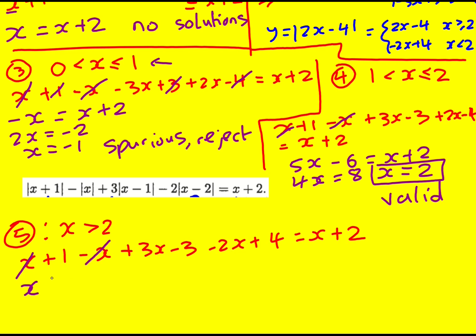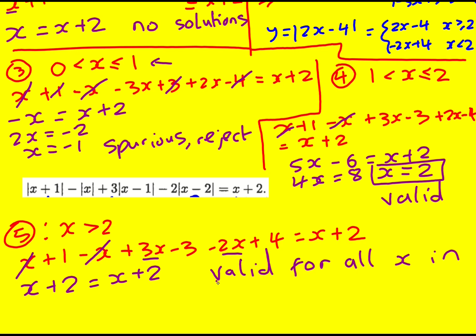I'm left with x. I combine these. 1 minus 3 is minus 2, plus 4 is going to be 2. x plus 2 is equal to x plus 2. This is actually valid for all x in the interval. Hence x is going to be greater than 2 because that is my interval.